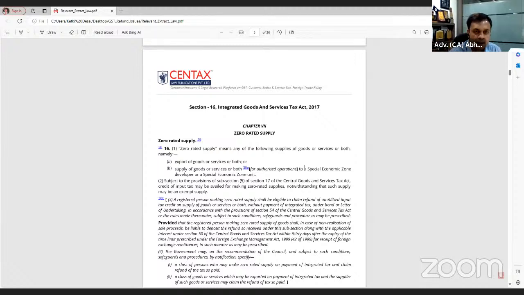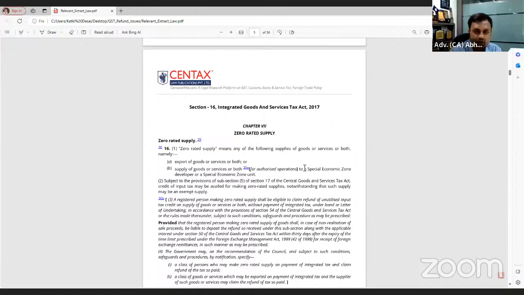So in a way, the benefit of zero rating is that whatever tax you have paid on your inward supplies which have been used in making the zero rated supplies, the credit of all those taxes would be available, even if what you supply is not liable to GST. The only restriction here is 17.5. Under section 17.5 of the CGST Act, there are provisions which restrict credit in case of certain inward supplies.